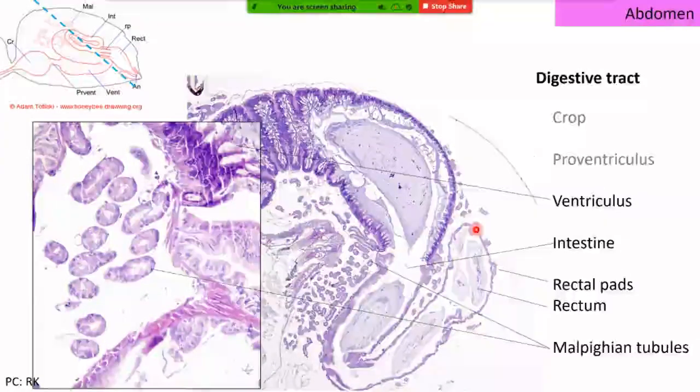But the rectum also serves another purpose. Unlike the intestine, the rectum has multiple breaks of epithelial lining that allow reabsorption of water from the rectum into the hemolymph. So that is it for the digestive tract.